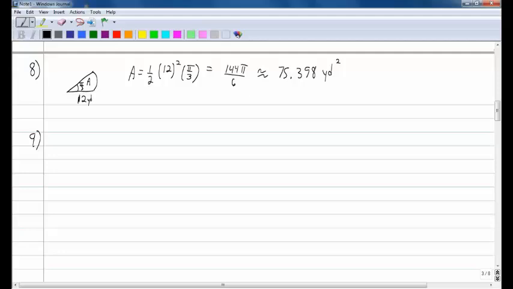For the next 3 problems, 9, 10, and 11, it says t is a real number and point P is the point on the unit circle that corresponds to t. Find the exact value of the indicated trig function of t. So we're given a point.